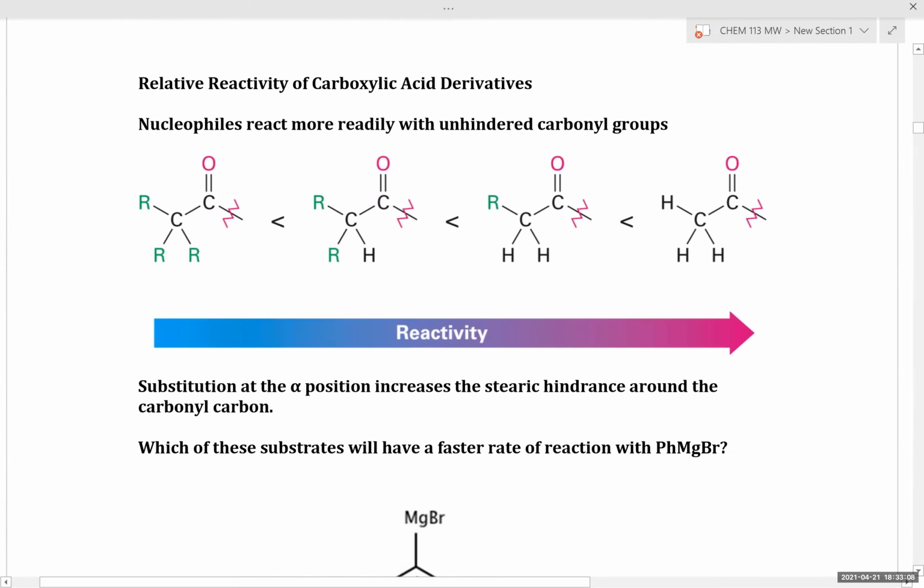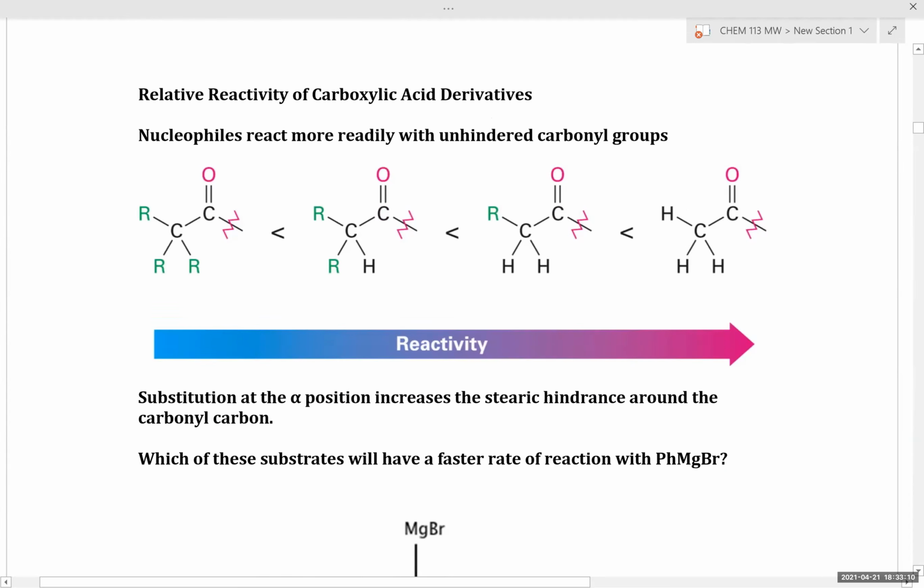Okay, one thing that we need to get out of the way immediately is that carboxylic acid derivatives, along with aldehydes and ketones, do not necessarily react with nucleophiles at the same rate. First, nucleophiles generally react more readily with unhindered carbonyl groups. The more substitution we have adjacent to our carbonyl, the slower the rate of addition.